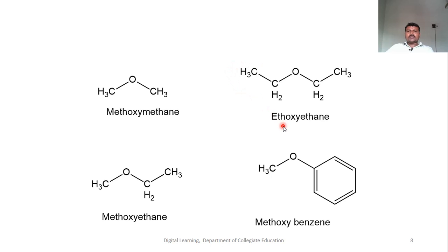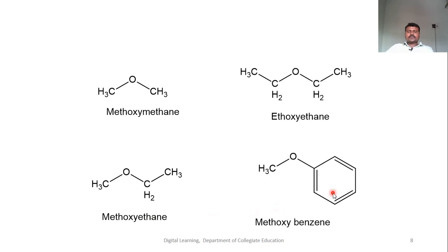But in the third case, the oxygen atom is attached to a methyl group on one side and an ethyl group on the other side. So the methyl group becomes the smaller alkyl group and the ethyl group becomes the larger group. So the larger group is made into alkane, and the smaller group is made into oxy. So the name becomes methoxyethane.